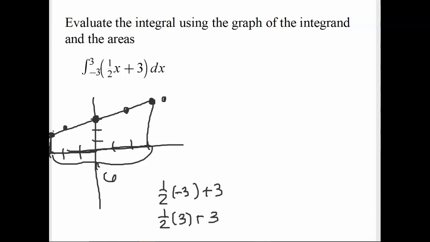So if you've been wondering where I got those values from, it was just me plugging them into the function. So it was like -3/2 plus 3, and then +3/2 plus 3.